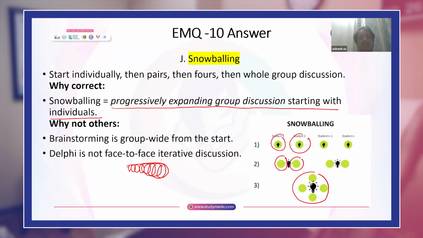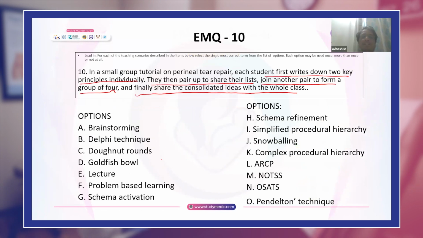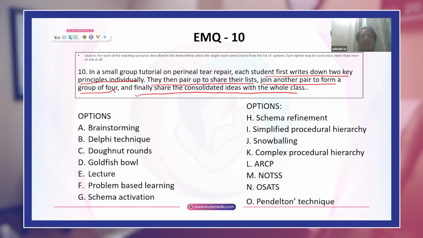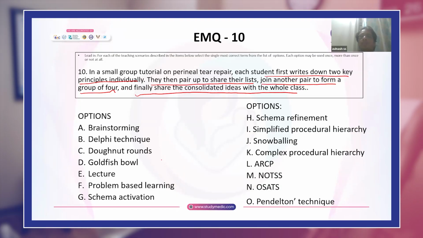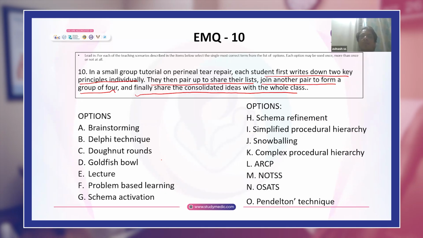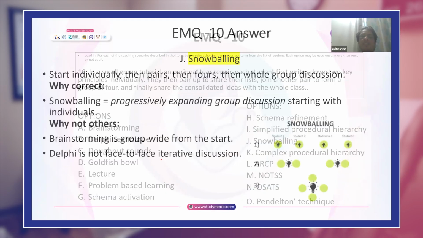Similarly, the content, depth and breadth of the discussion increase as the group size increases. Delphi is not a face-to-face iterative session, whereas snowballing is. You can see perineal tear repair is the problem they are trying to solve. Individually they think, they pair up, then pair up again into a group of 4, and so on. Then the consolidated result is shared with the class. And this is called snowballing.